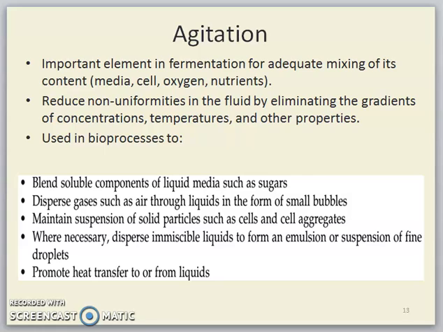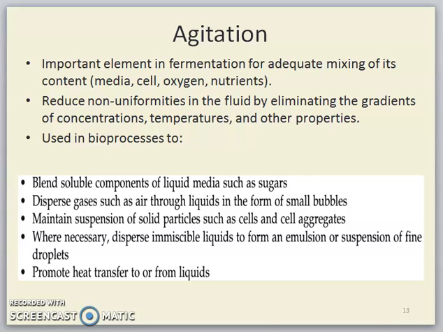By using agitation in the bioprocess, you may be able to blend all the soluble components in the liquid media, such as sugar, the carbon sources for the microbes, and you may be able to disperse the gas in the liquid media in the form of small bubbles.